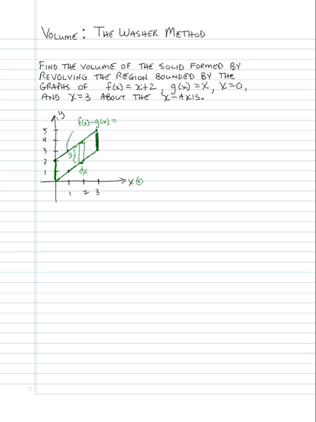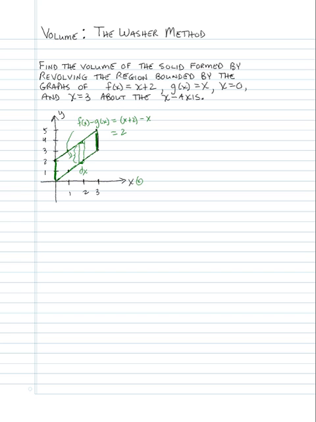Isn't that 2? Because f of x is x plus 2, and g of x is just x, and so that result is 2. And of course that makes sense. Those lines are always 2 units apart, so that does make a little bit of sense.